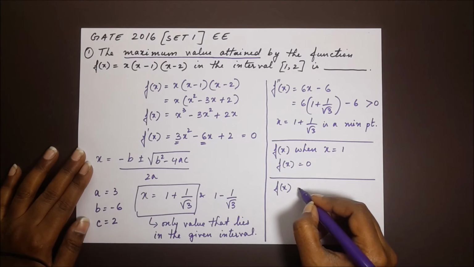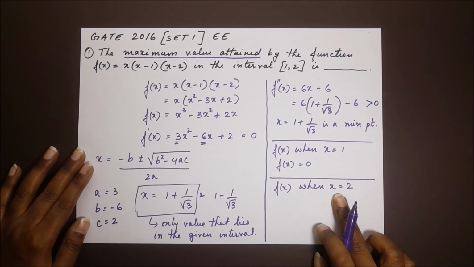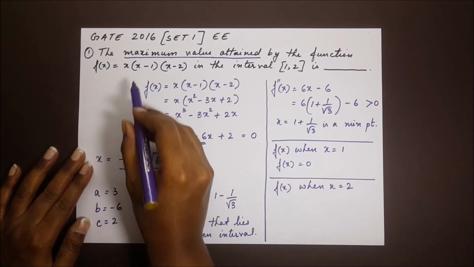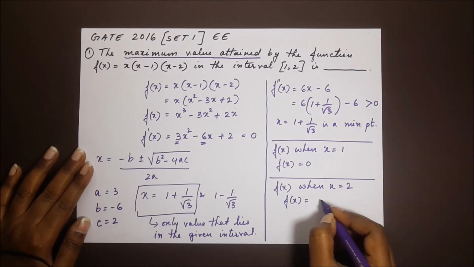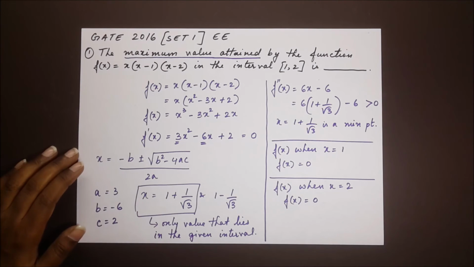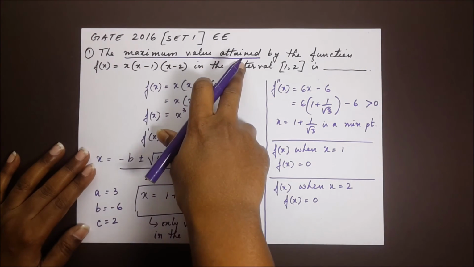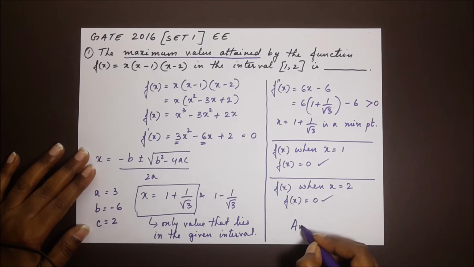When x equals 2, f of x would also be 0 because that's a factor. So f of x is 0 in both cases. So this tells us that the maximum value attained is 0. So the answer is 0 here.